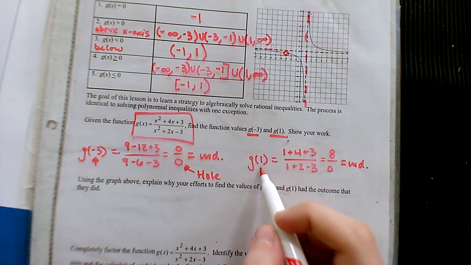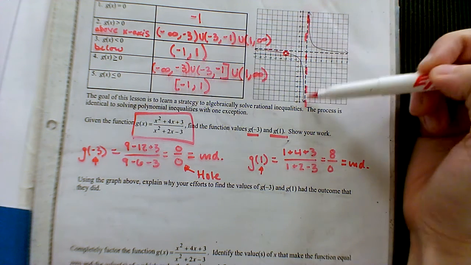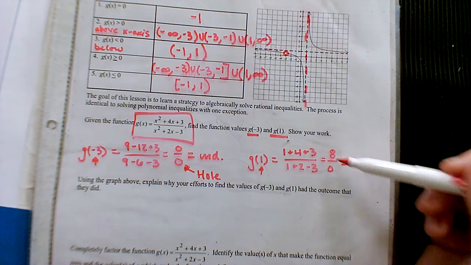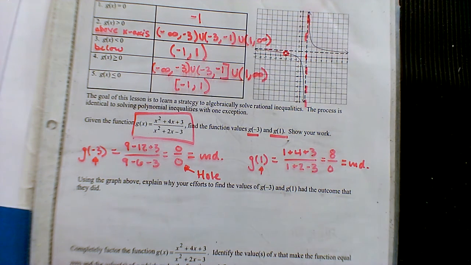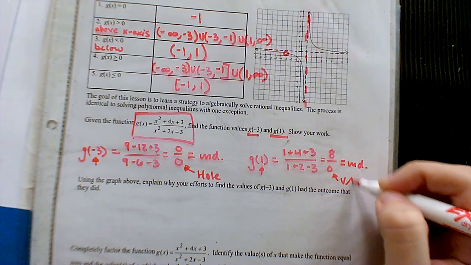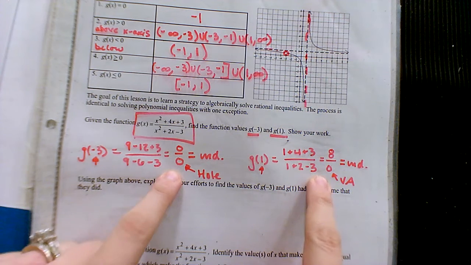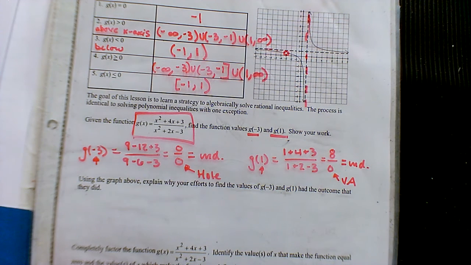What was going on at this spot of 1? Yeah. It's the vertical asymptote, okay? So no longer do we have 0 over 0. When we have a number over 0, graphically, we know we're going to have a vertical asymptote at that spot. So the fact that they're both undefined is telling us that something interesting is going on at those locations, but the actual number result is going to tell us even more.